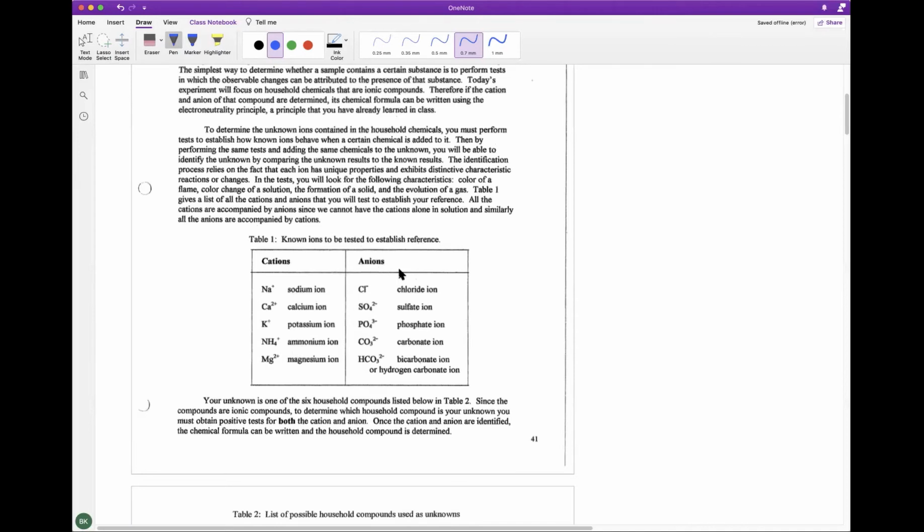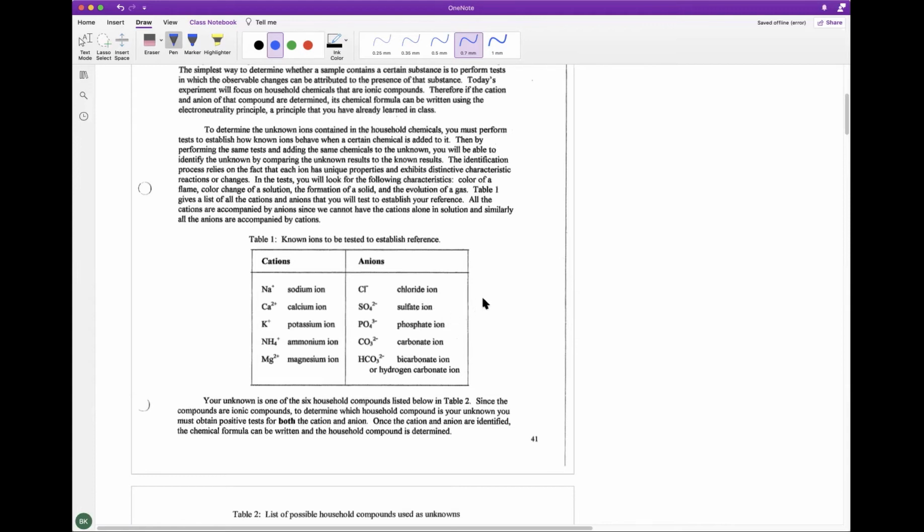There are also tests for anions. We've got tests for chloride, sulfate, phosphate, carbonate, and one we haven't talked about, hydrogen carbonate. It's similar to carbonate, only it has a hydrogen in front of it. We're going to do tests for all of these different things in our solution.